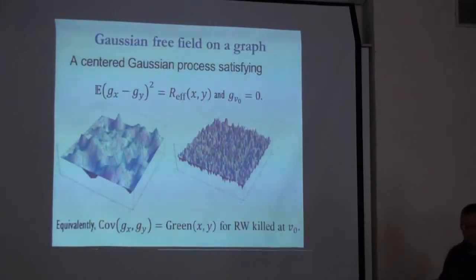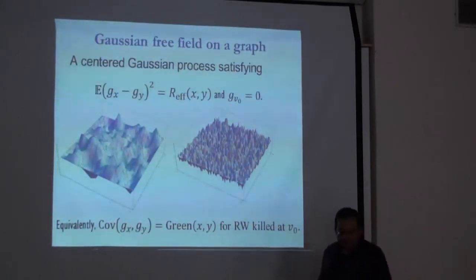So what is this Green kernel? You start a random walk at x, you kill it when it visits V0, and you count the number of visits to y, normalized by the degree of y. This normalization makes the Green kernel a symmetric function. It's positive definite, and hence there is a unique Gaussian process with that as covariance kernel, and that's the Gaussian free field.